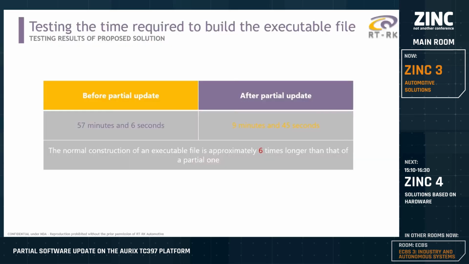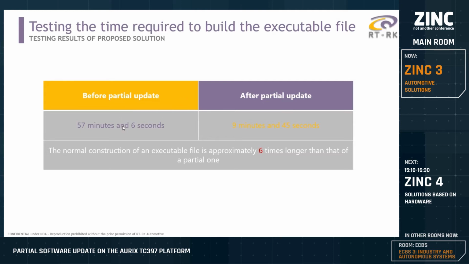Testing the results of the proposed solution. The first test of the partial software update is based on the time it takes to build an executable file. You can see the table.